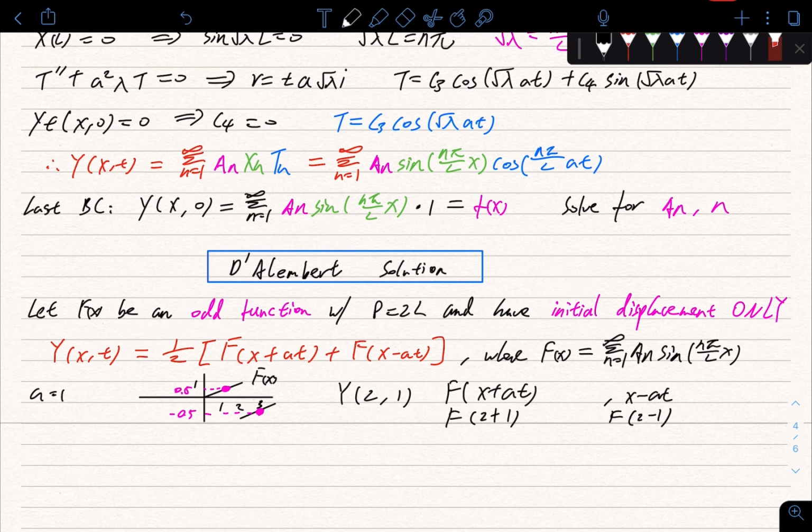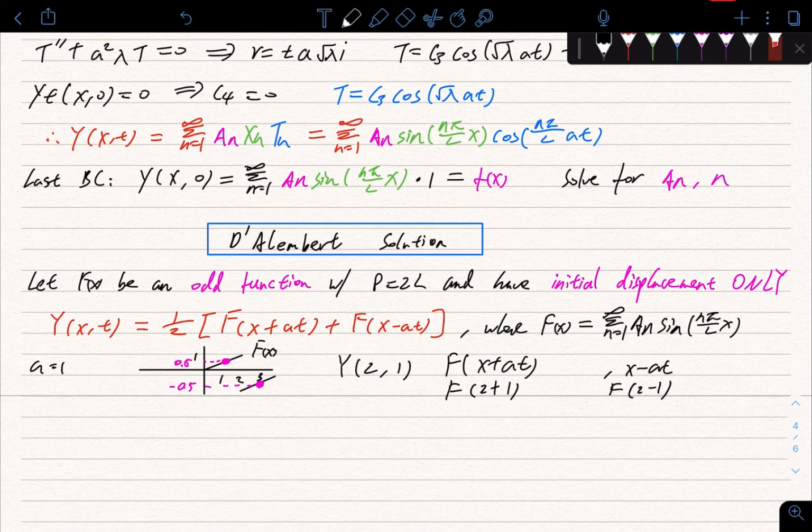So our solution for y of 2, 1 equals 1/2 of 0.5 plus negative 0.5, and that equals 0. So this is just a quick example of how to use the d'Alembert solution to simplify our problem solving process and land our solutions more quickly.